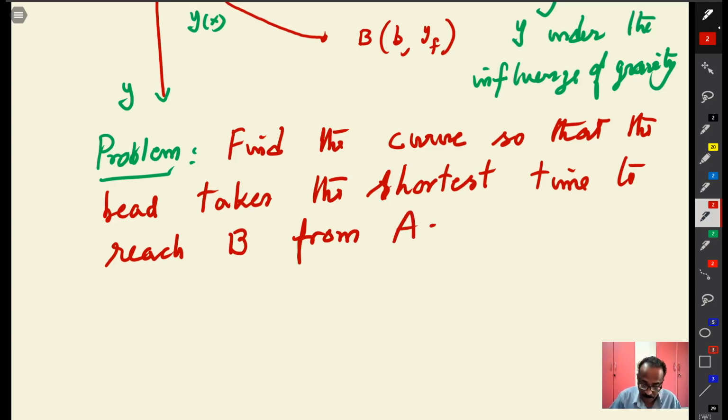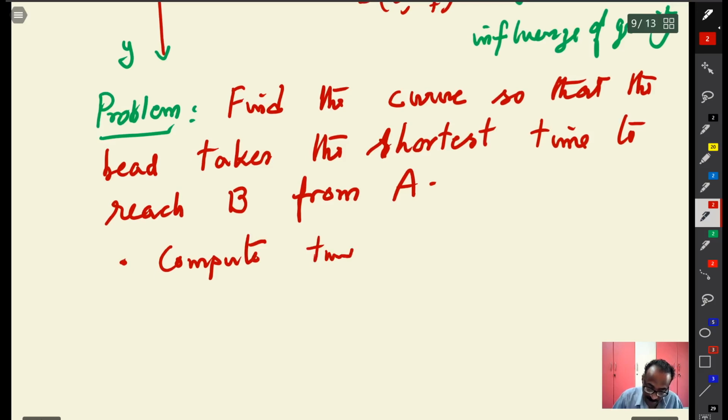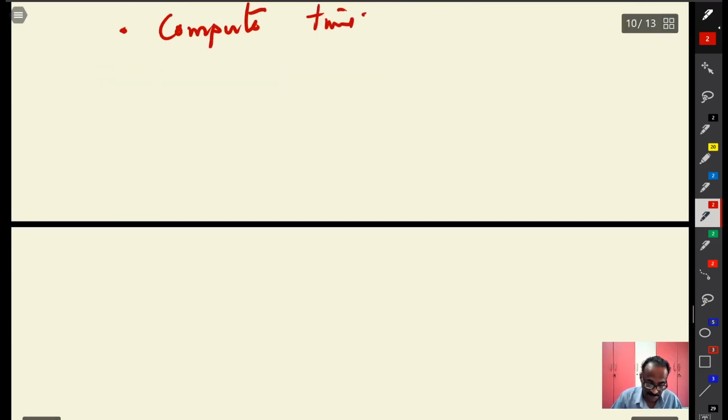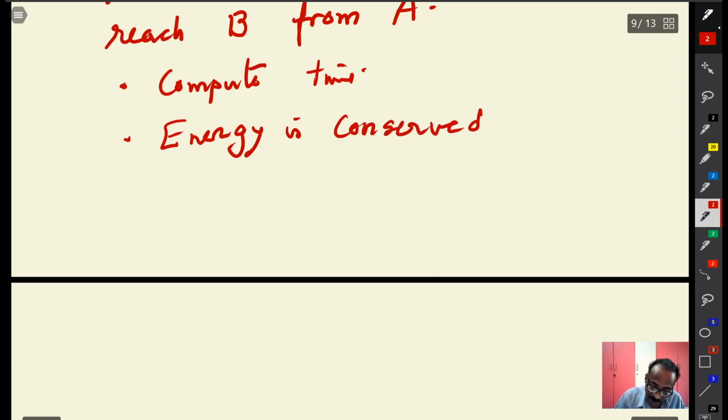So the problem is to compute the time. So we want to understand what the computation of the time is. So what is the physics? The physics is that energy is conserved. So you just compute your energy. Energy is conserved. So you write down the energy.